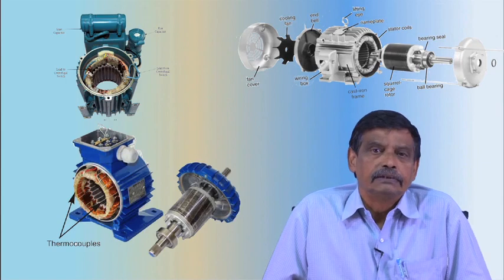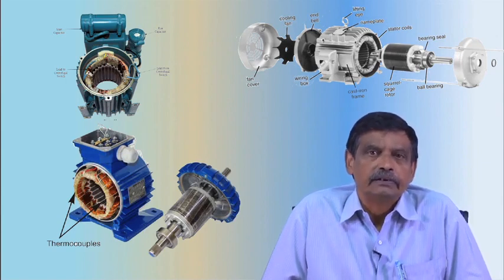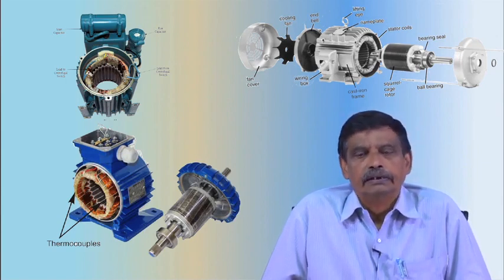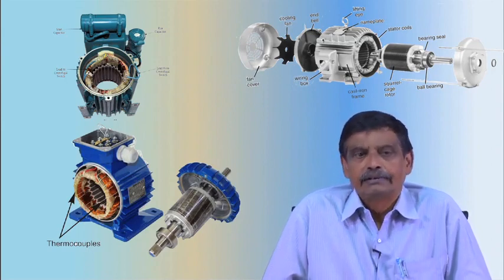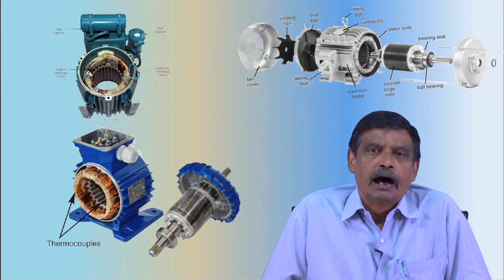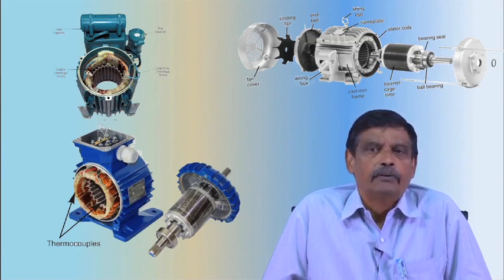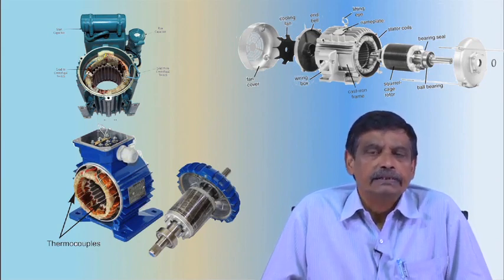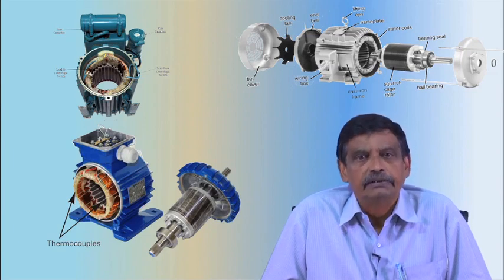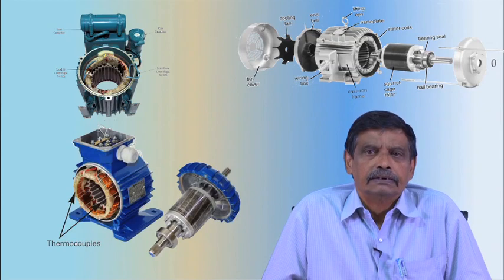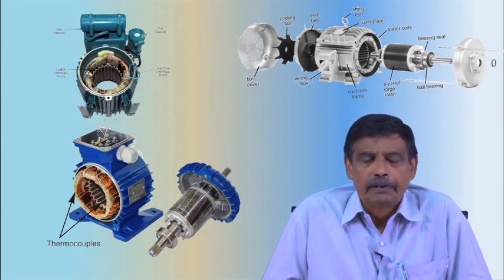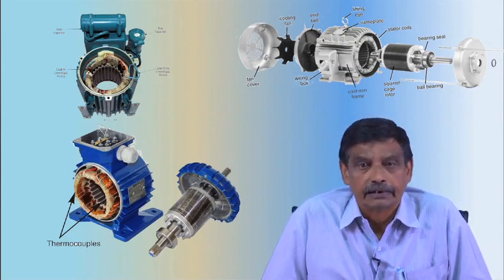The analysis of these machines will be primarily the steady state analysis, unless at some points of time I will also tell you about the transient behavior of the machines, which are just bare necessity to carry on with the course, but primarily it will be steady state analysis.